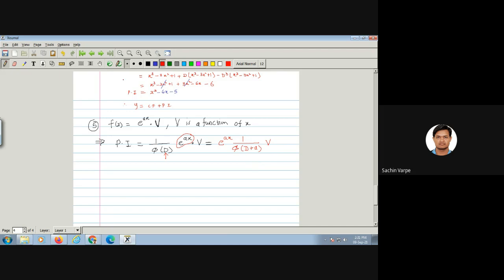Now don't involve this exponential function inside the operator. Now we have to proceed according to v further. इसका काम हो गया, इसका काम था D को replace करना D plus a से. So what is the keyword here? Replace D by D plus a.